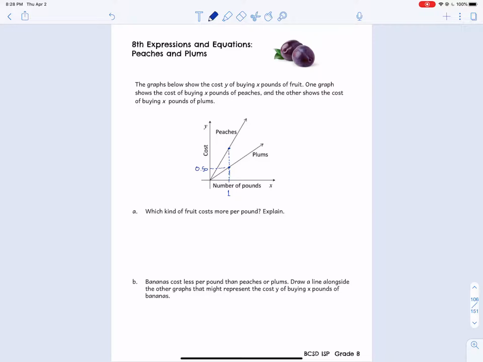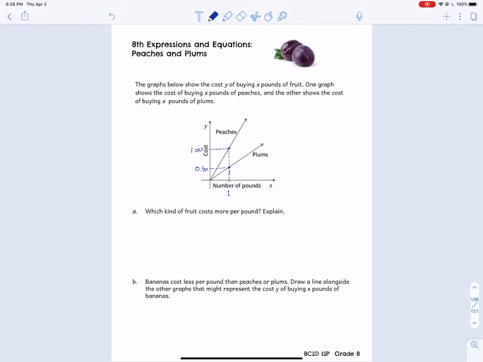Okay, and then when we go up from 1 pound to the line for peaches, and we go over to look at the cost, it's at least twice as much. My line's not perfect, so let's just call it $1. So you can see that peaches cost more.